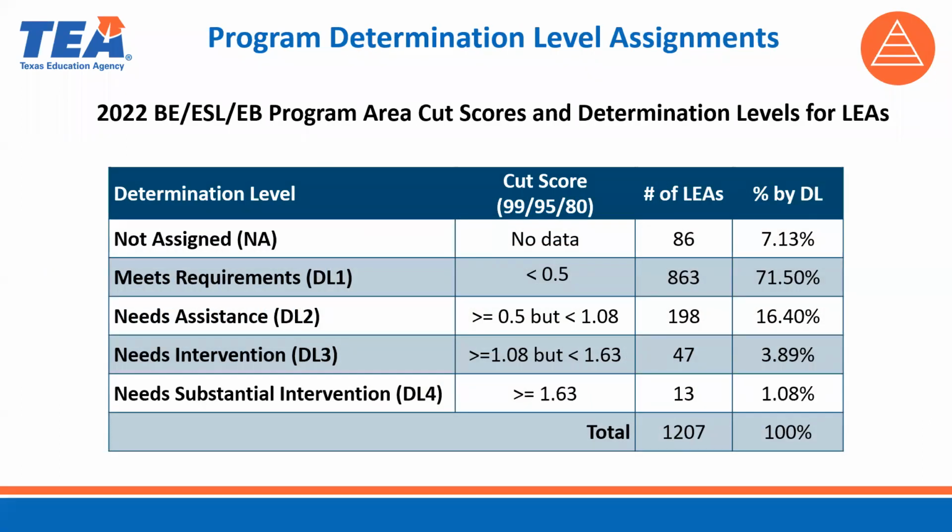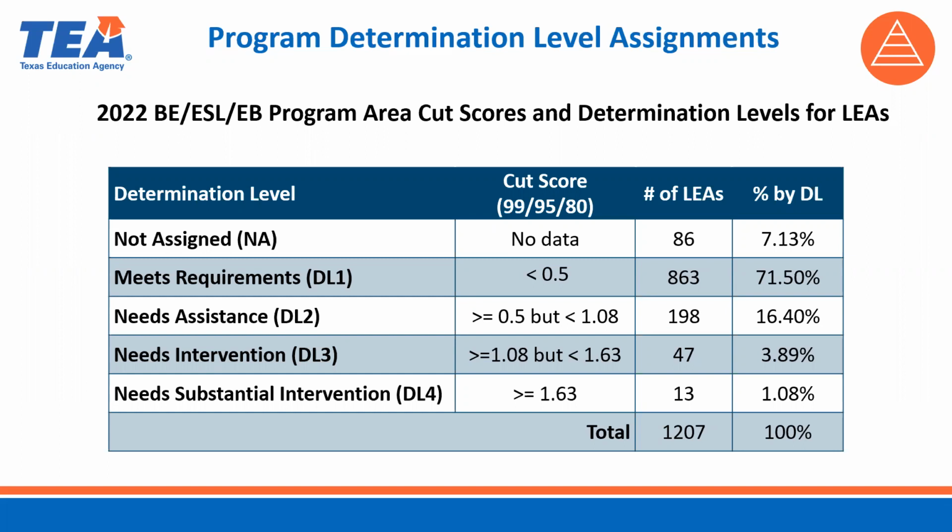To address factors like minimum size requirements, available data, and other data anomalies, the DL process considers A, the number of RDA indicators on which an LEA is evaluated within each program area, and B, its PL on each indicator applicable to the program area. There are 4 parts to the annual determination process with all RDA program areas.